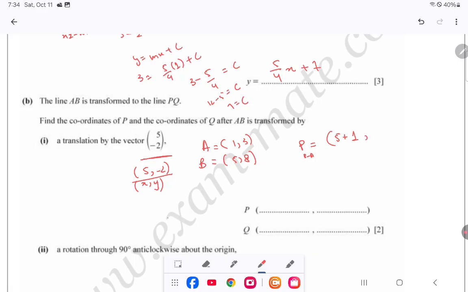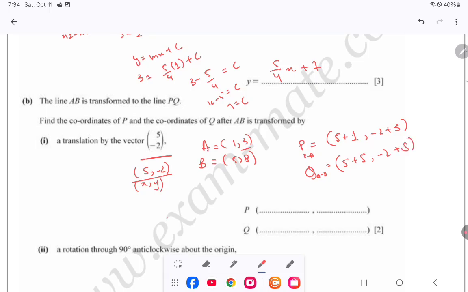Now for Q, which is for B, add 5 comma negative 2 to B, where x is 5 and y is 8.